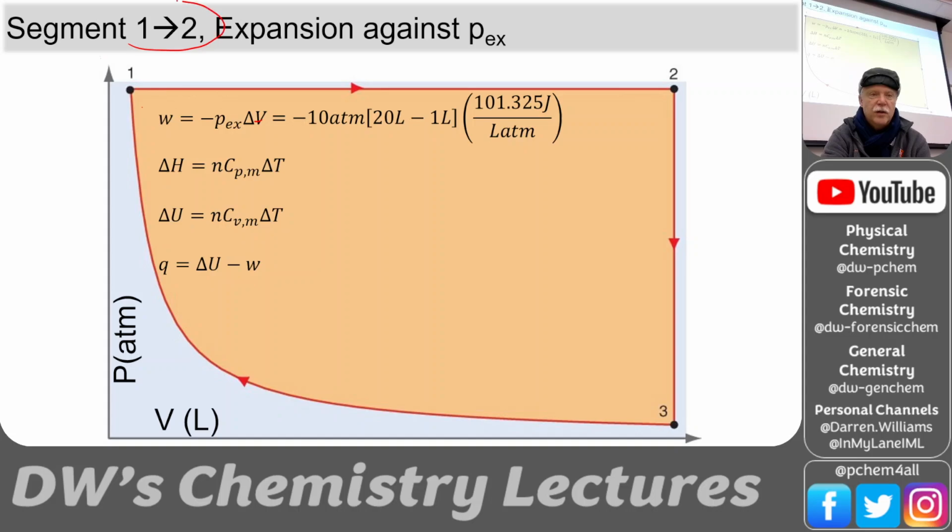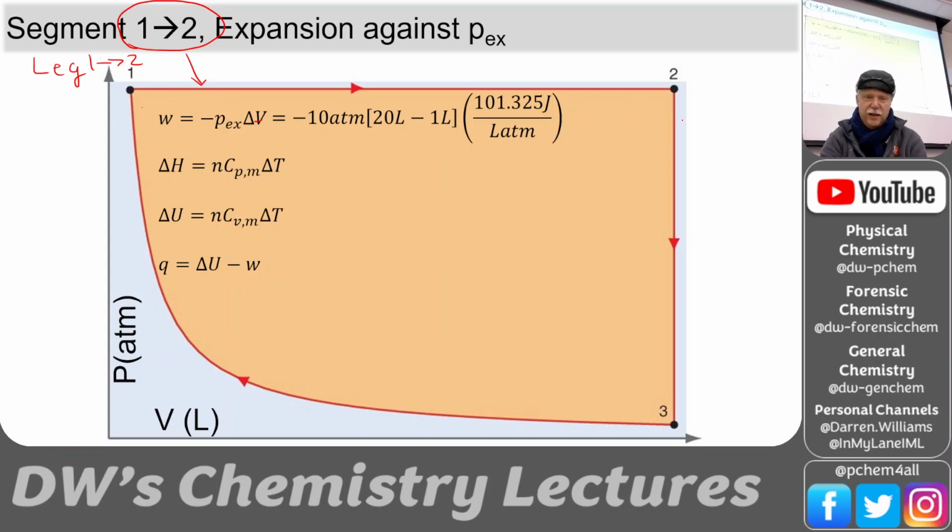We're just doing the first one right here. Segment, or I call it leg, maybe that's how I was taught, on that leg of the journey. And so we can calculate that work, and it's 10 atmospheres.